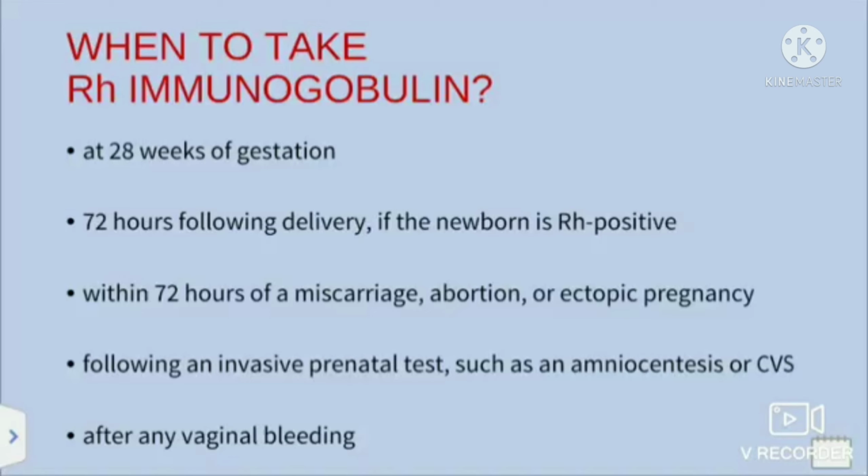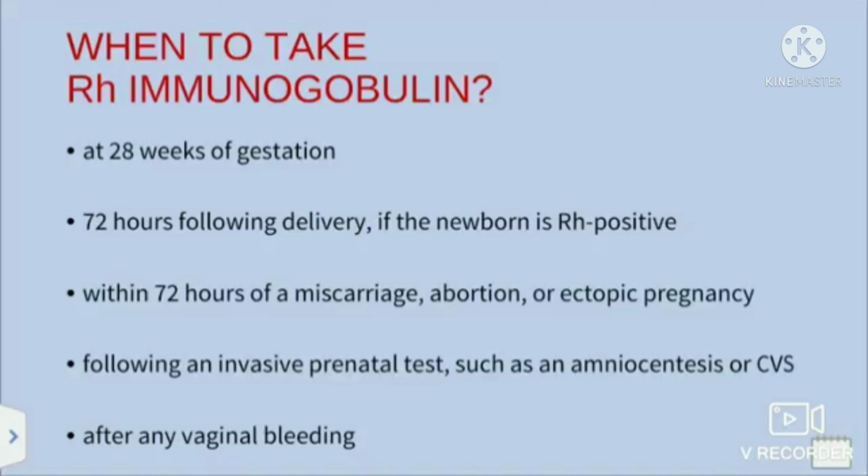If the fetus's blood group is negative and the mother's blood group is also negative, then there is nothing to worry about. But if the blood group of the fetus is positive, then the first dosage of RH immunoglobulin or anti-D injection is given at 28 weeks of gestation.